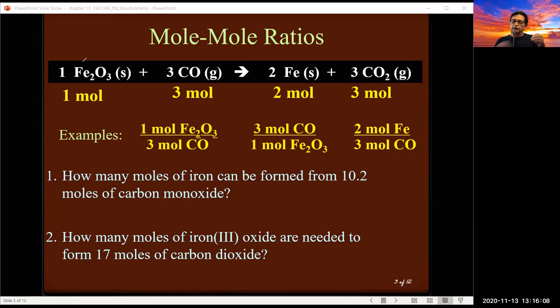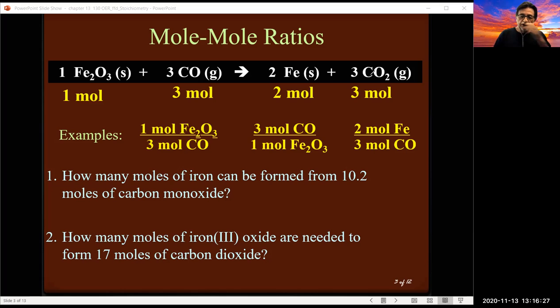So once I convert iron(III) oxide to moles, then I can go to moles of carbon dioxide, which from there, given the molar mass of carbon dioxide, I can then go to grams of carbon dioxide. Okay, and we'll have a flow chart to demonstrate that.